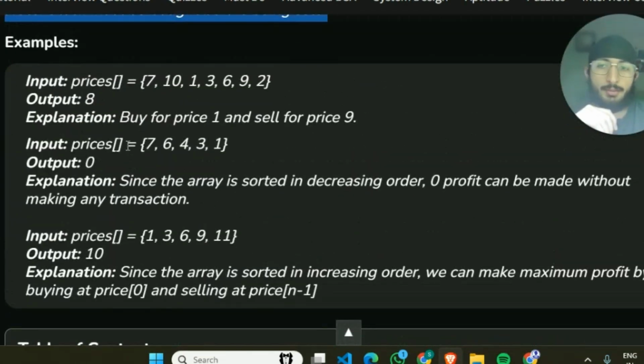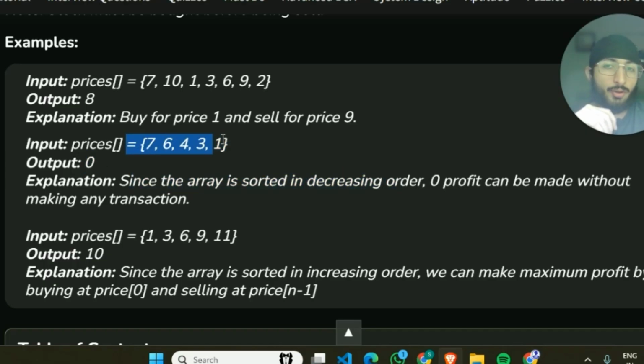Another example is 7, 6, 4, 3, 1, and 0 is the output. Since the array is sorted in descending order, zero profit can be made without making any transaction. If we buy a stock at an earlier day and aim to sell it at a later day, since this array is sorted in descending order, we will have a higher price earlier and a lower price later.